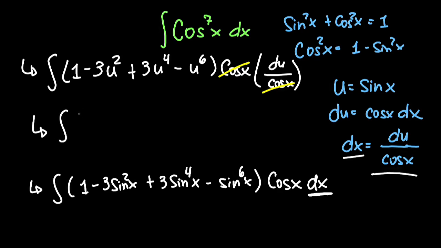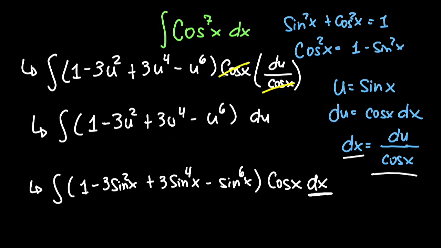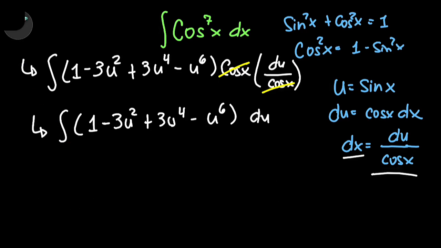You are left with the integral of 1 minus the rest. Now we only have a simple variable left, u, and you can integrate this term by term using the power rule.